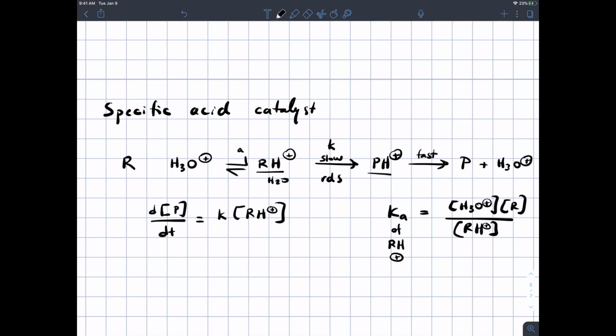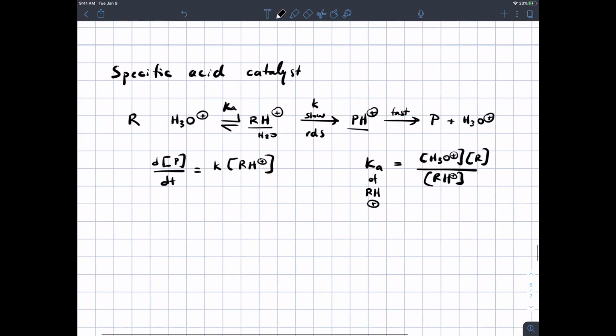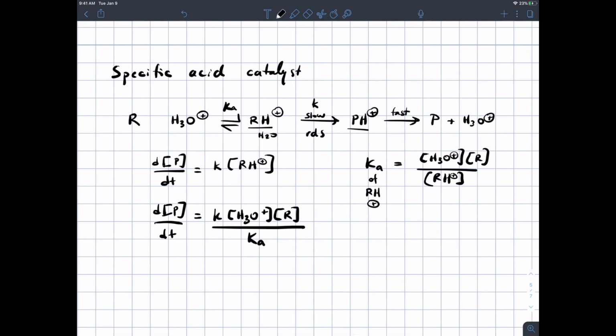All right. So then we put that back into this expression to figure out how the rate of our reaction depends on the concentration of hydronium, the concentration of your starting material, and the Ka of your protonated R. I just did a quick substitution for RH+. I moved it over here and then moved Ka down there.